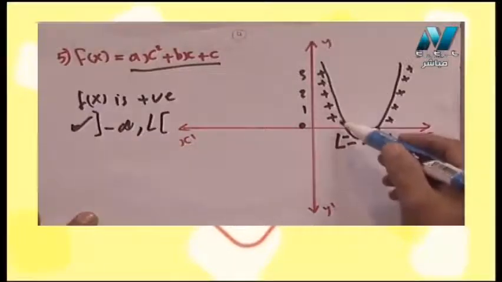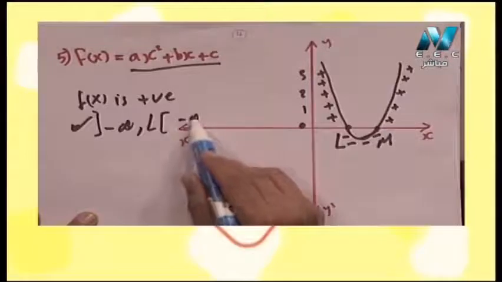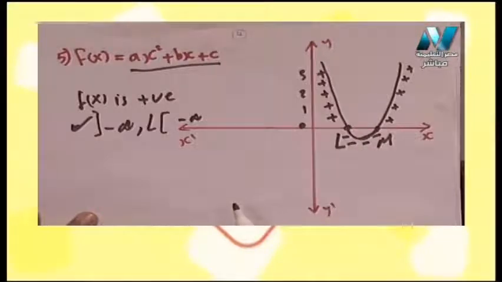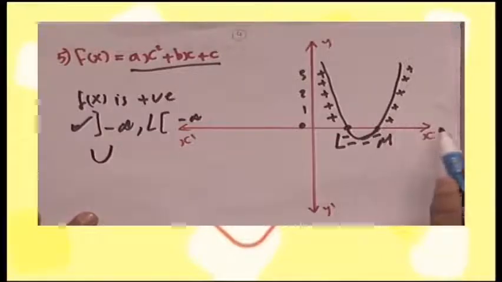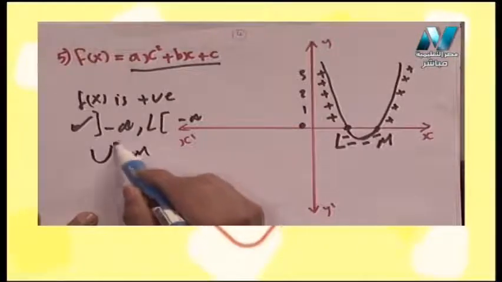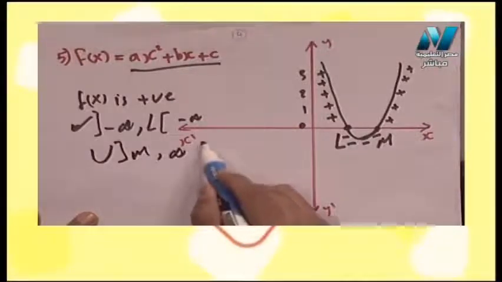This part is positive from negative infinity to L, which is the first root of the quadratic equation, and union this part from m, open, to infinity.